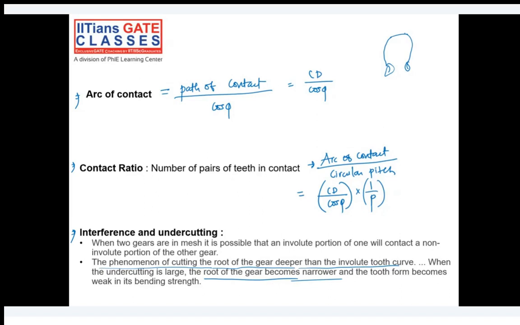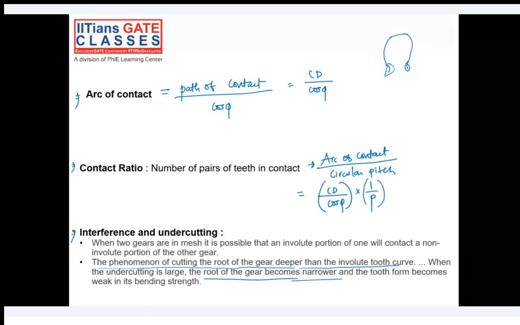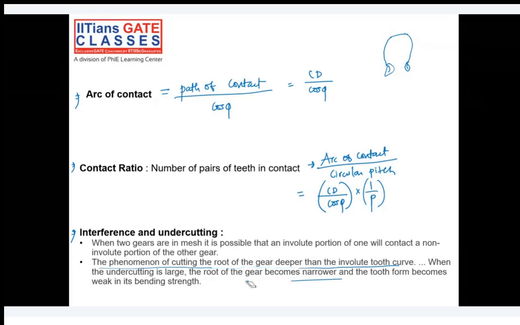In order to avoid this interference, this is how our involute profile looks.